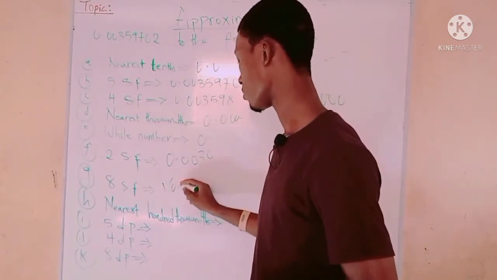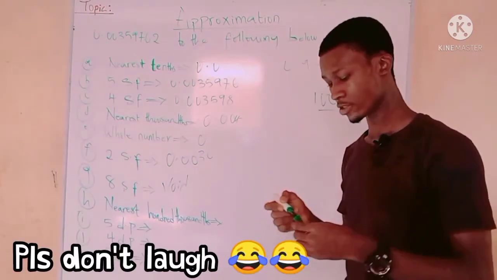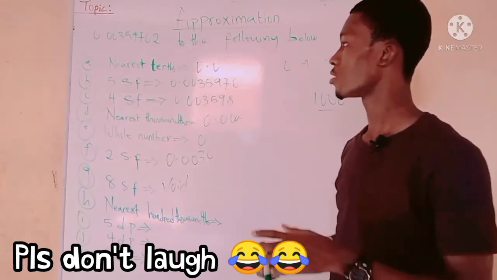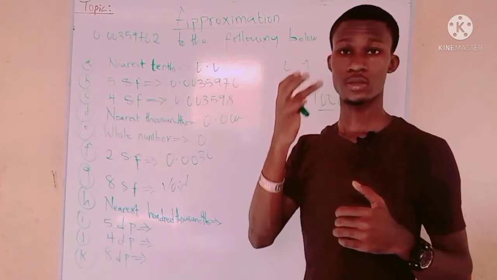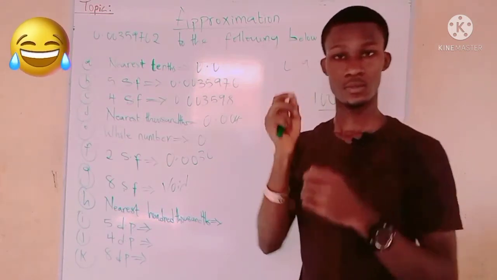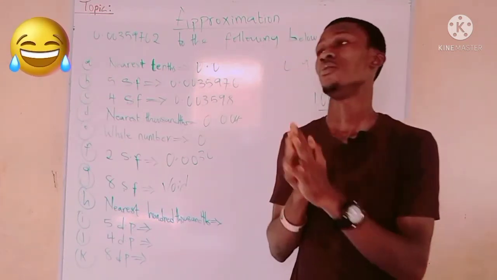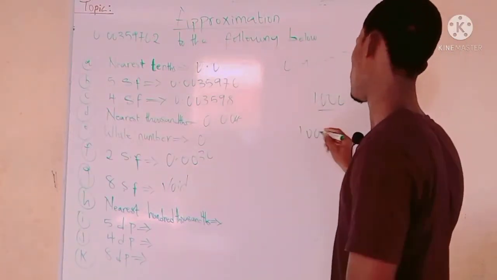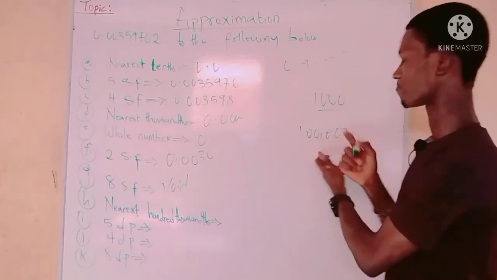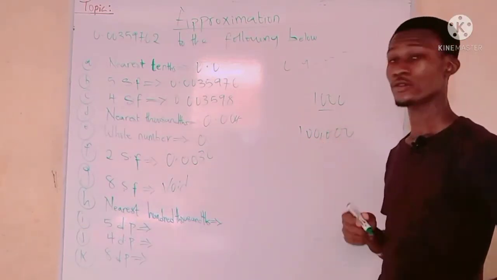It's not there. Now to the nearest 100,000, how do you go about this? We shouldn't forget the 100,000 is written that way.